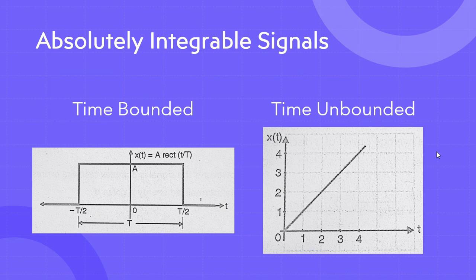So the bounding property of a signal, whether my signal is a bounded signal or an unbounded signal, decides whether my signal will be an absolute integrable signal or not. So this ramp function will be a non absolute integrable signal.